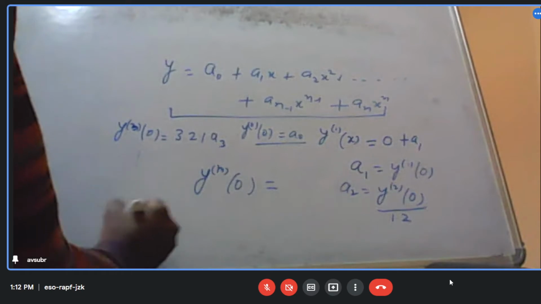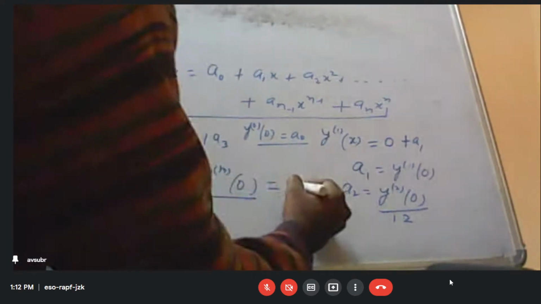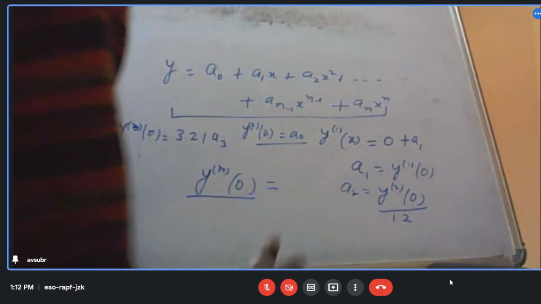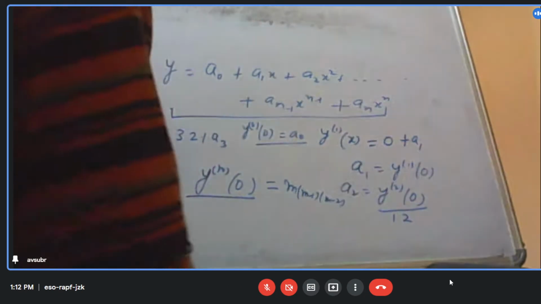If I continue like this, what will be the ym at x equal to 0? It will be m factorial into am, where m into m minus 1 into m minus 2 and so on.